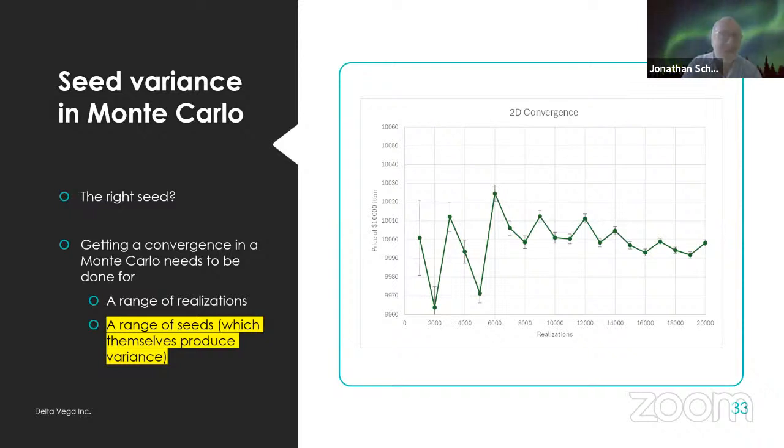And then which is the right one? Right. So my simple solution to that is just to average. And in fact, you can look at the standard deviation of the seeds, and that's a measure of what I call seed variance. So the seed variance is getting smaller and smaller as the number of realizations increases, but the number of seeds is the same.